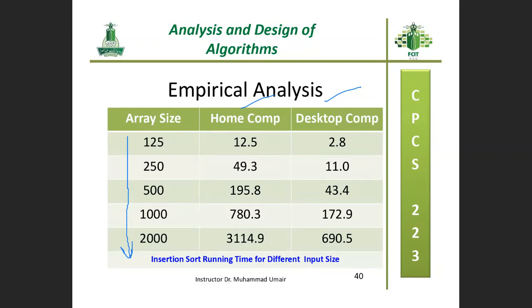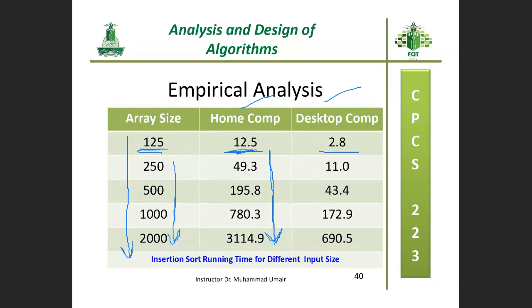So here you can see for 125 integer values, the home computer is taking 12.5 milliseconds and the desktop computer is taking 2.8 milliseconds, and so on. You can observe that as you keep on increasing the input size, the running time also keeps on increasing on different hardware.